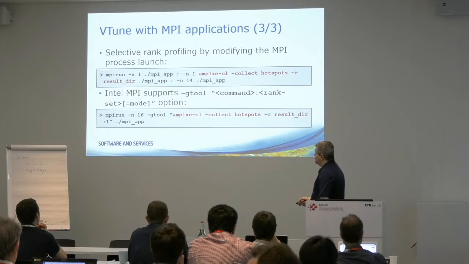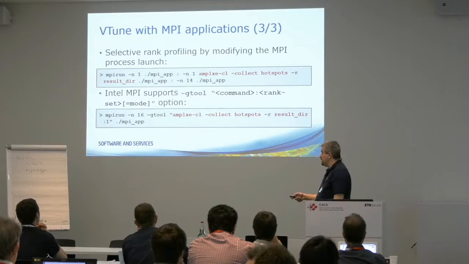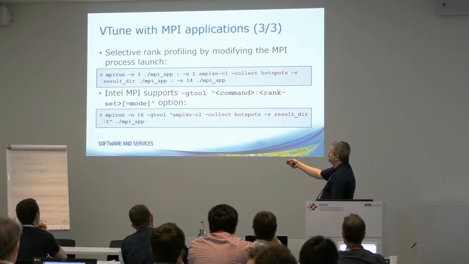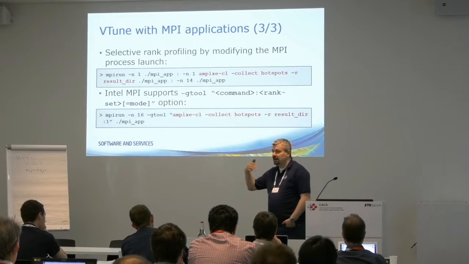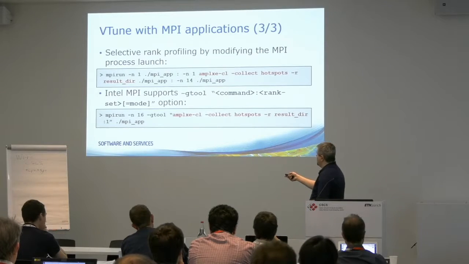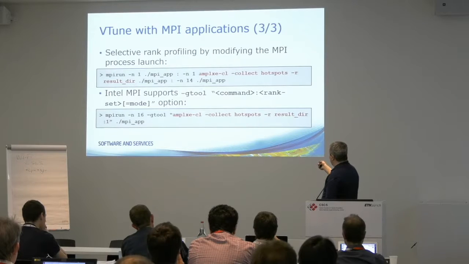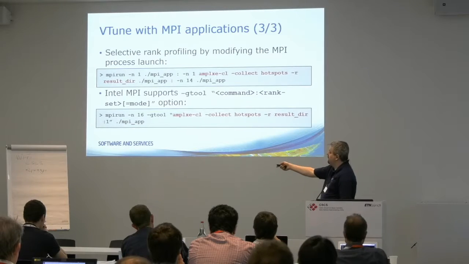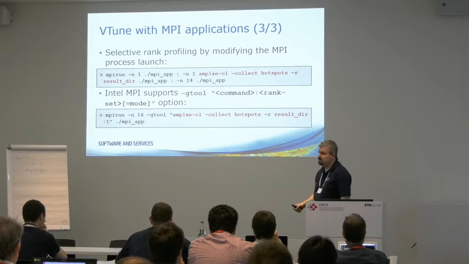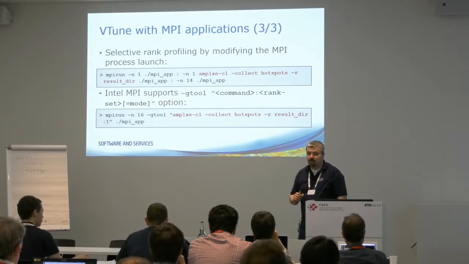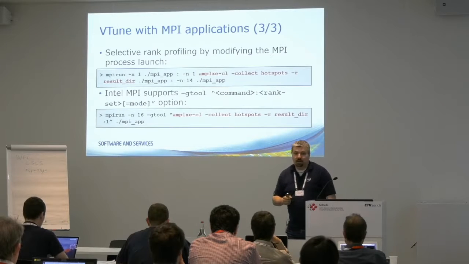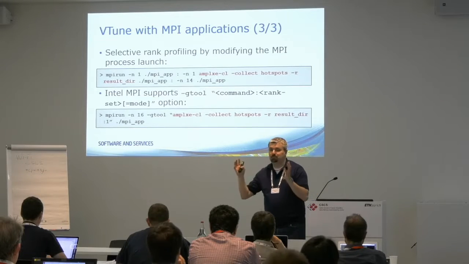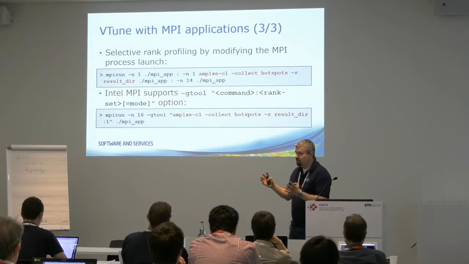The other thing that you can do, and that's now Intel MPI syntax, is gtool. So you can tell MPI to run some of the ranks under a tool. And here we use amplxe-cl, blah, blah, blah, the command line again, and then colon, and then a specification of which rank this tool should be attached to. In this case, it's only rank 1. And there you can use the whole beauty of specifications.